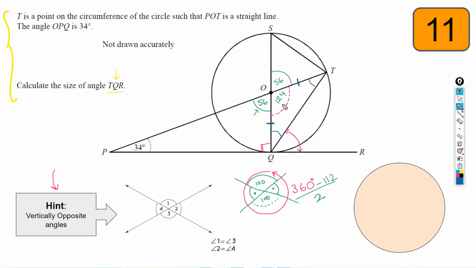All you have to do is minus this from 180 and divide the answer by 2 because it's getting split equally into 2. Right. So you're going to get 28 here and obviously 28 over here.